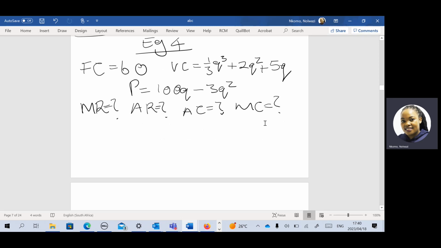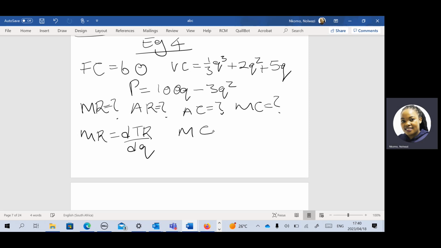Okay, remember I said don't confuse all these. We said the marginal revenue is obtained by differentiating the total revenue with respect to Q, right?